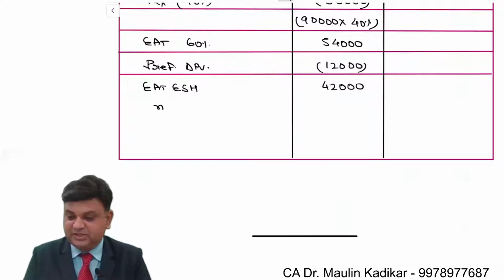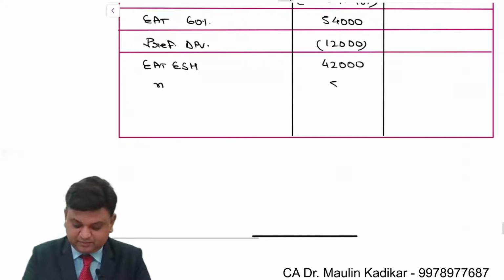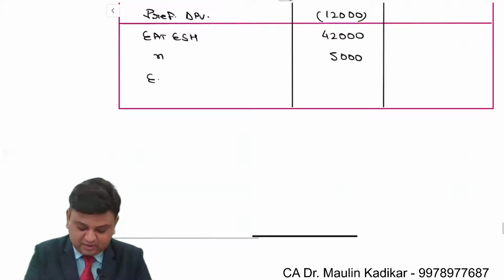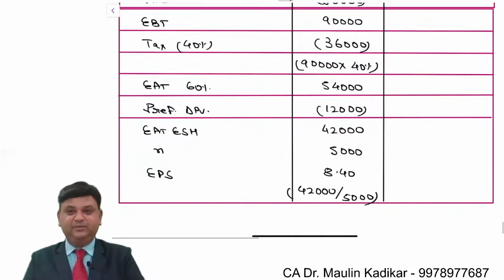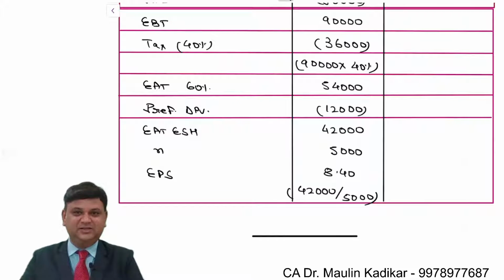Number of equity shares is 5,000. So earning per share is the balancing figure, that is 42,000 divided by 5,000. That will give us EPS of 8 rupees 40 paise. Please take down the answer.